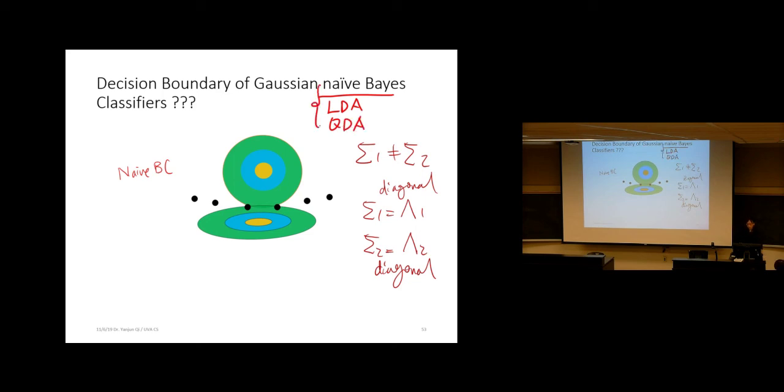The naive one has a diagonal covariance matrix. LDA has a shared covariance matrix. QDA doesn't share, just whatever. Because naive is so naive, I have a smaller number of parameters, O(p), and here it is O(p²) in terms of the covariance matrix.